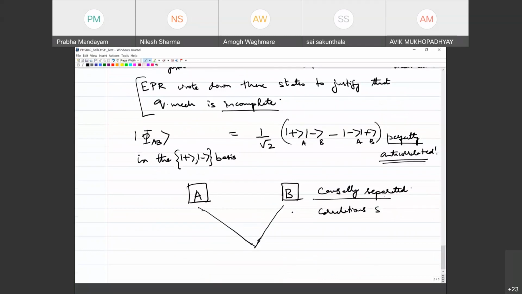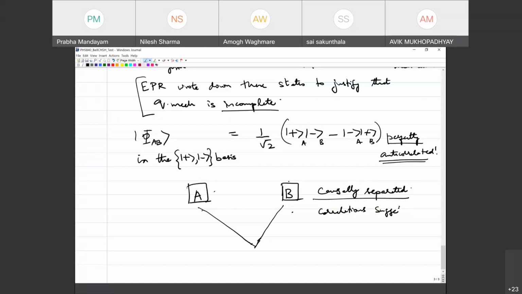Because it's not as if something happens here and then something happens here. The correlations persist no matter which basis they measure in, no matter which order they measure in. So they suggest that somehow these outcomes must be predetermined.